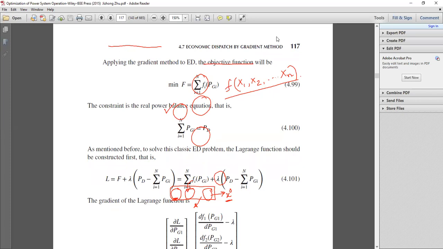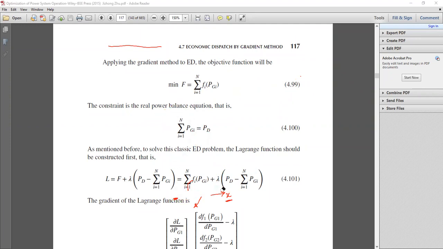Then we went on to the formulation of the objective function. Because it is the classical economic dispatch, we are not including the transmission loss. So we simply have to satisfy an equality constraint, that the summation of all the generation should satisfy the demand exactly. And we are only taking the fuel cost function for all the thermal generating units present in the system.